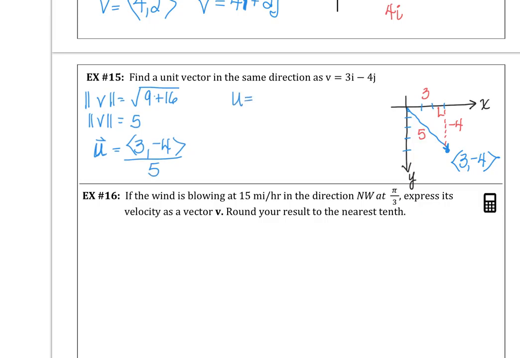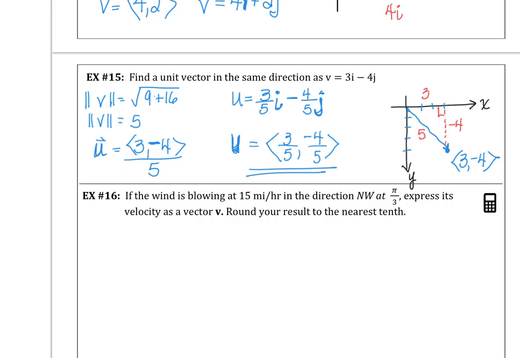So u can be rewritten as 3/5 in the i direction, that's horizontal, and 4/5 in the j direction, but that's supposed to be minus because this is negative here. In the j direction, what does that look like? Vector u is 3/5, negative 4/5 in component form.